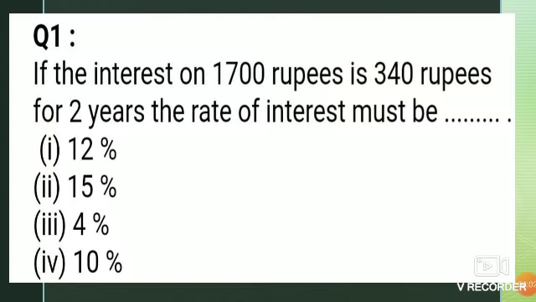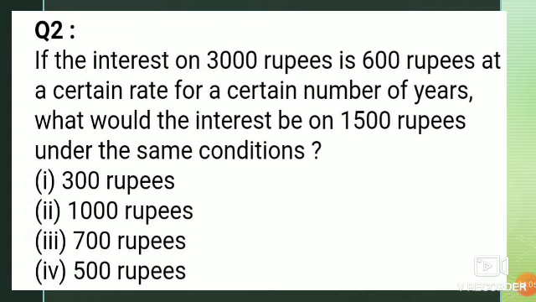So the fourth option is correct. Question number 2. If the interest on 3,000 rupees is 600 rupees, interest is 600, principal is 3,000. At a certain rate of interest, which is not given, for a certain number of years, the time period is not given. What would be the interest on 1,500 rupees under the same condition?